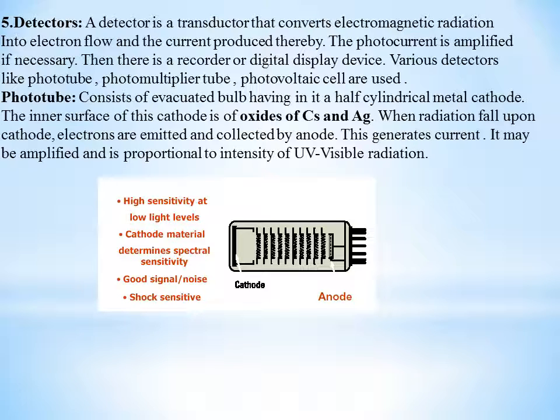These emitted electrons are collected by the anode. Thereby it generates current, and if necessary that is amplified. This amplified current is proportional to the intensity of UV visible radiation. And then comes the recorder, or it can be a digital display device.